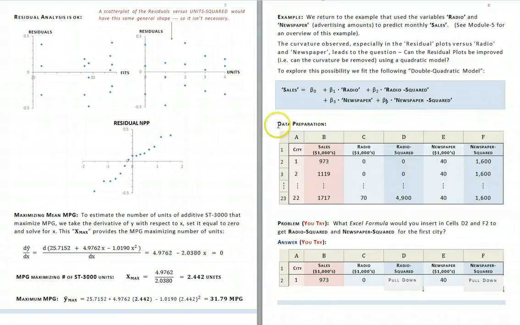Next, the data has been prepared in Excel to fit the double quadratic model. We have inserted a radio squared column and a newspaper squared column.